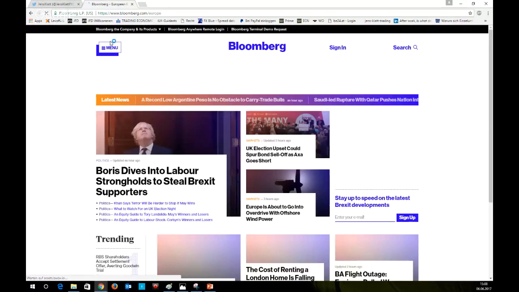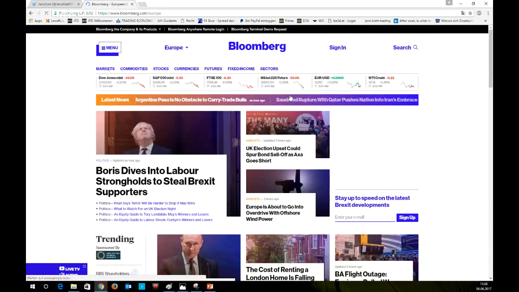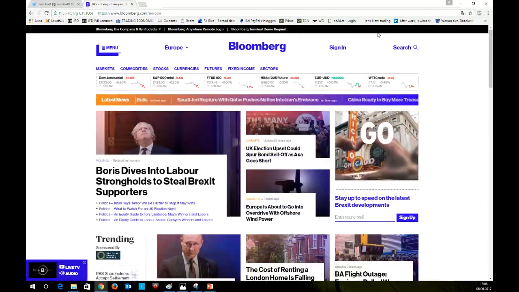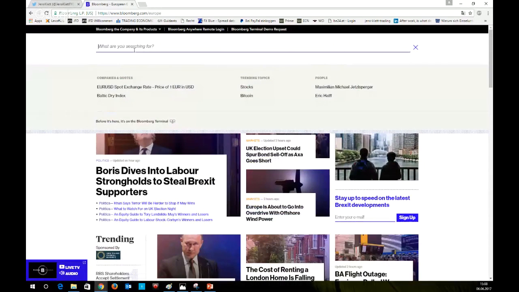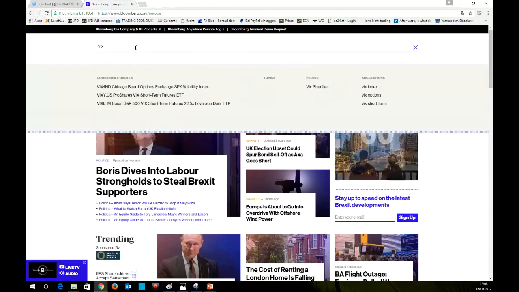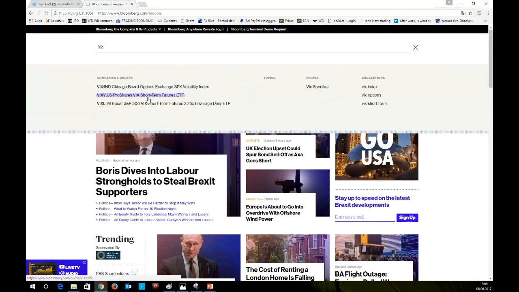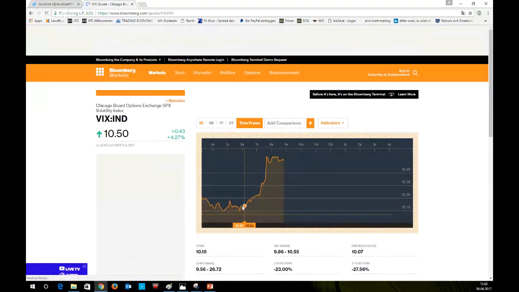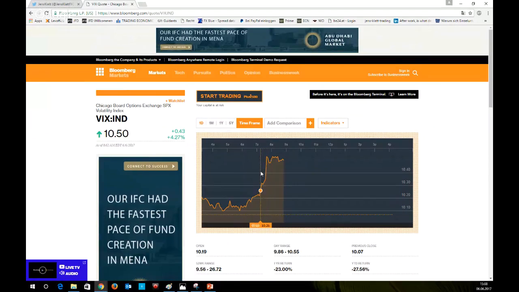Now let's have a look at the VIX. Okay, so in fact, as you can see here with the European markets showing some weakness, obviously volatility comes back a little, and the volatility index on the S&P 500, the VIX, is pushing higher from here up to currently 10.5.